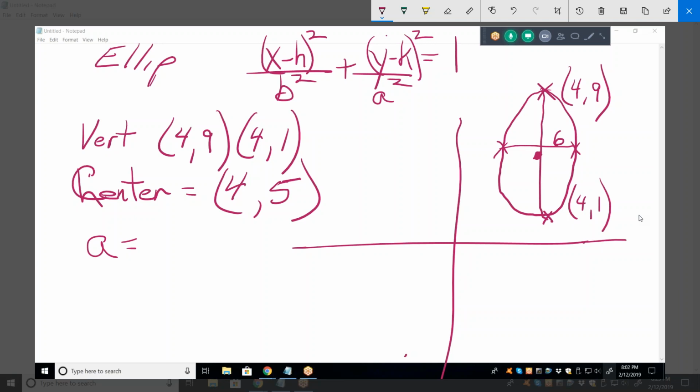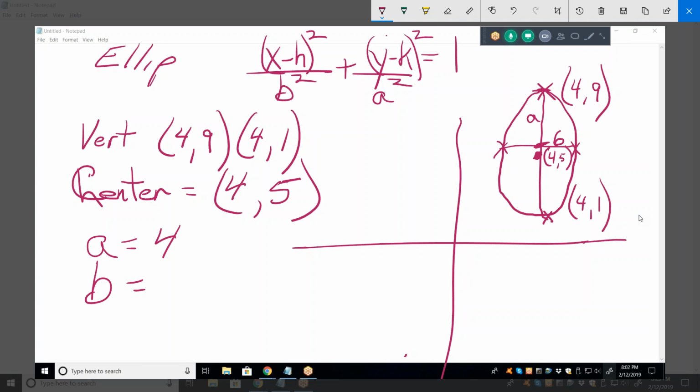A would be 9. A is this distance from the vertex to the center. Oh, it would be 6. Here's the center, 4, 5. Subtract the y-coordinate. Oh, yeah, 4. So A is 4. B is what? 6.